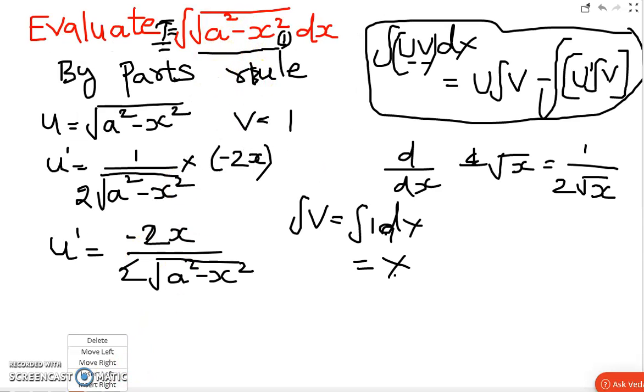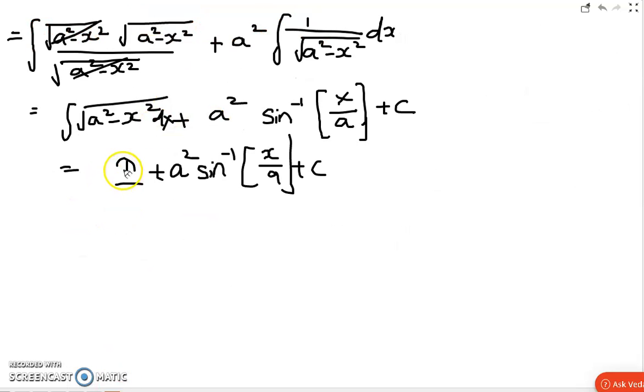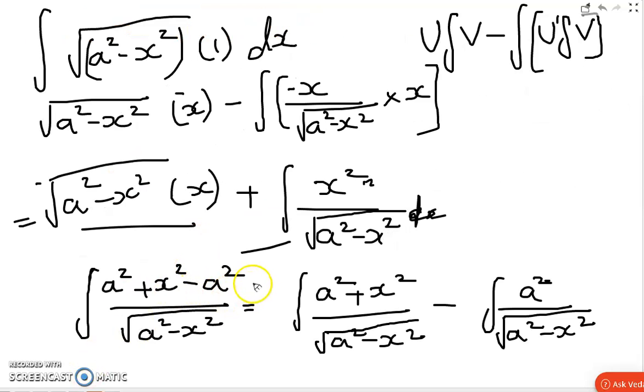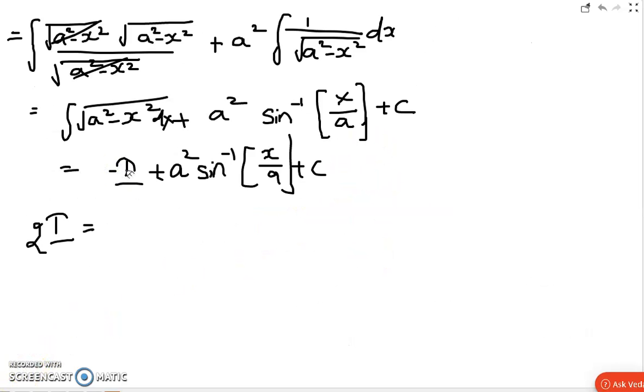So it is equal to I. I is equal to x root of a square minus x square plus, in this place, the answer that we got. If I goes there, it becomes 2I.